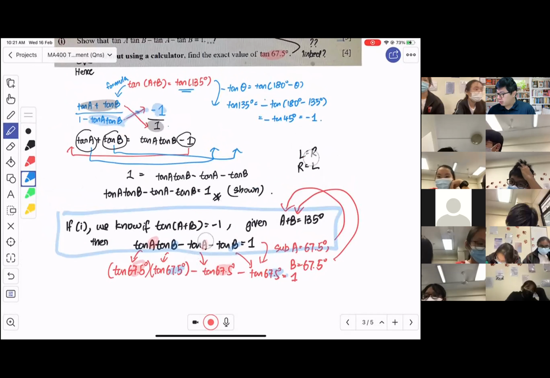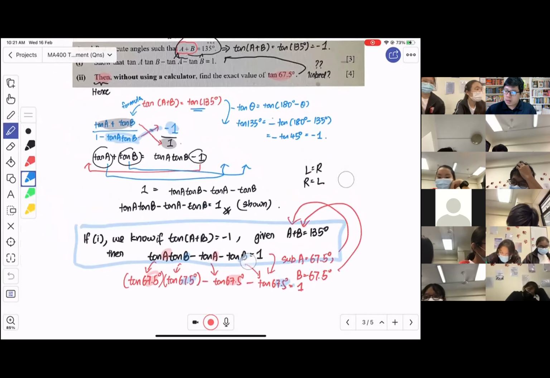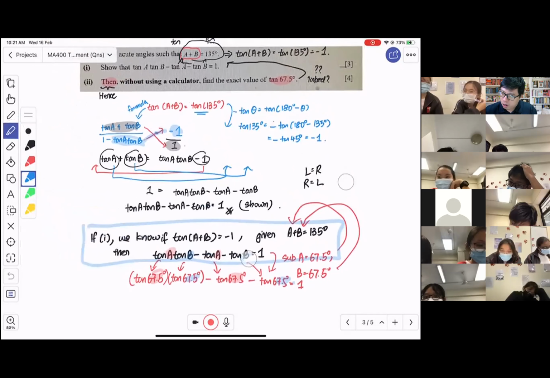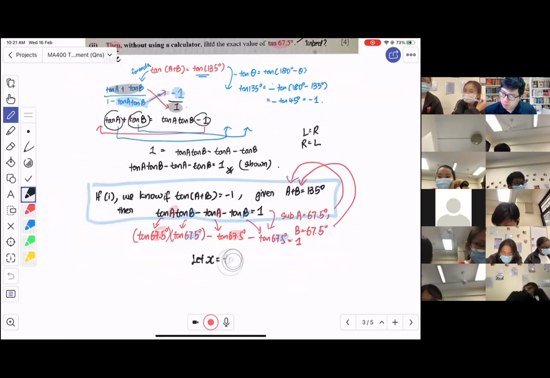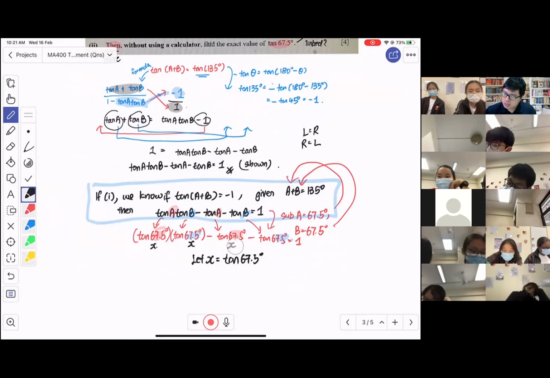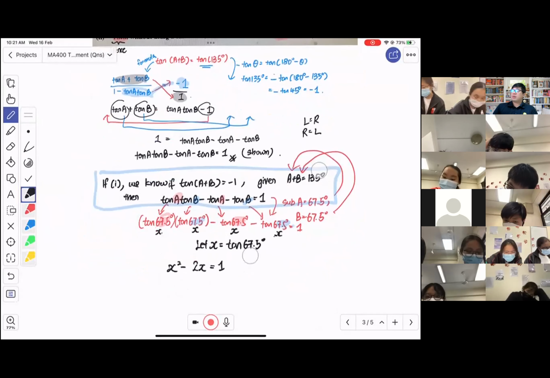Okay, then from there, because there are so many tan 67.5, how about if I just let x equal tan 67.5? Just a very humble substitution. You can see that this will become x, x, x, x, so you end up with x squared minus 2x equals 1.